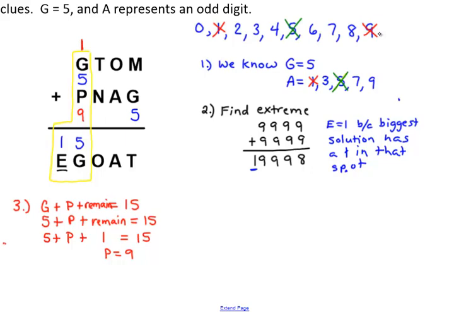Okay, and so now let's look at another part of the problem. Let's write down some other stuff. Let's look at the T, N, and O. Actually, let's look at the O and the A first.